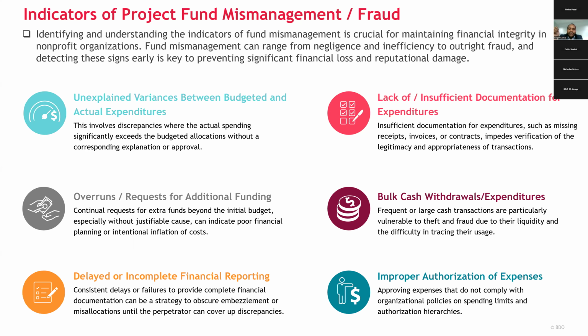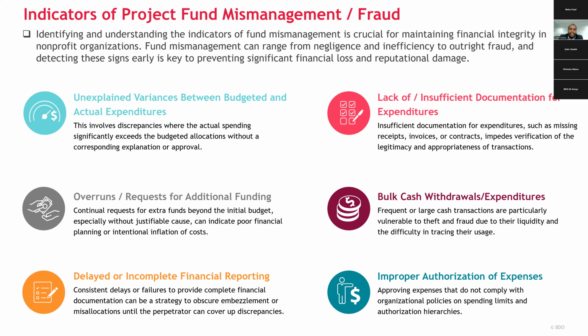These variances will obviously suggest that the funds are being used for unapproved purposes, either for personal gain or to cover up other misappropriations, or sometimes even to pay off other project donors who have previously uncovered fraud in your organization. So, for instance, you budget 20,000 for particular materials, but you end up spending an extra $5,000, without any documented reason or any corresponding increase in the program delivery or in the materials that you're meant to procure.